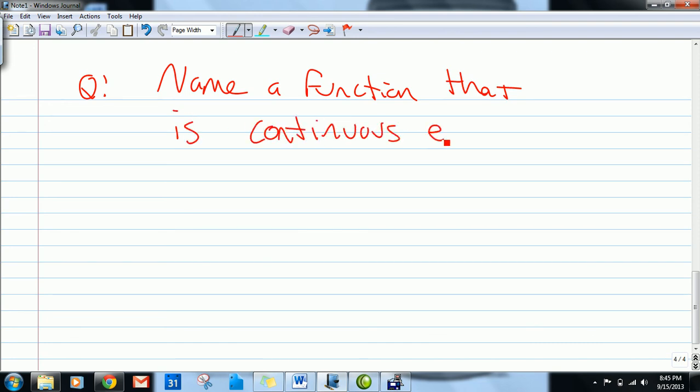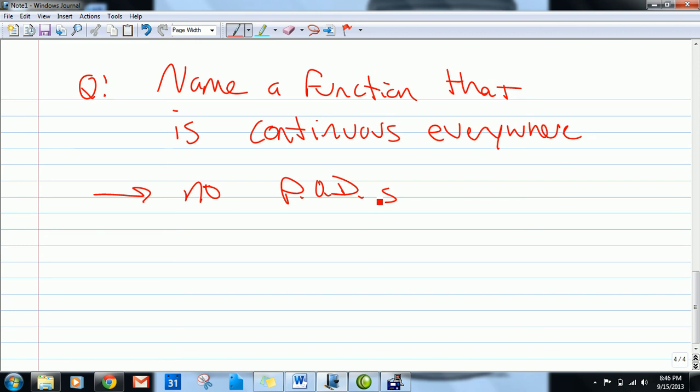What do you think that means? No question mark. It's a statement. What that means is that there are no points of discontinuity. No PODs. So come in with a specific function that is continuous everywhere.